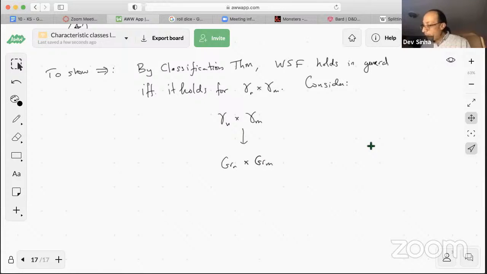And so we're trying to understand this map. There's a bundle map here to gamma n plus m. The Whitney sum formula is just about calculating the effect of this map, what this map induces in cohomology.